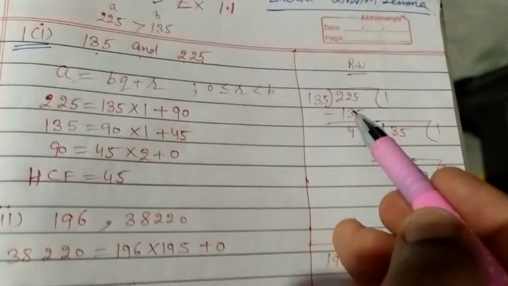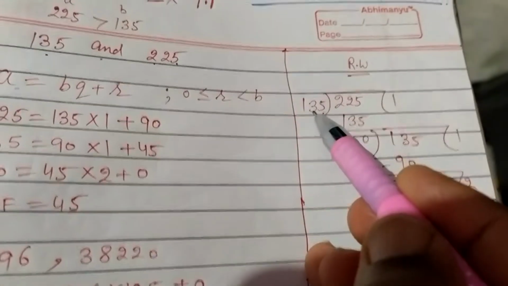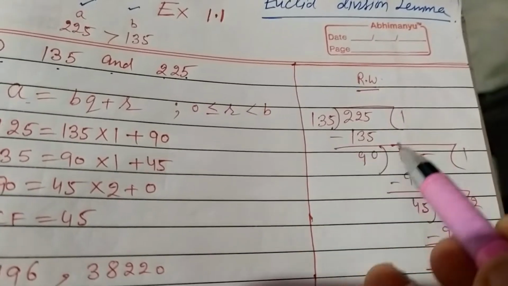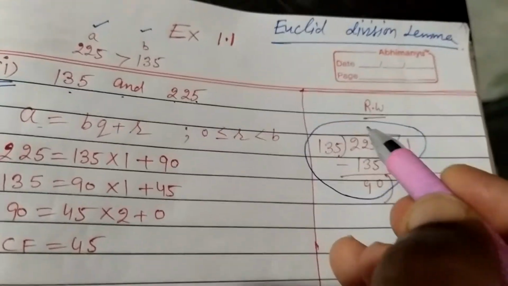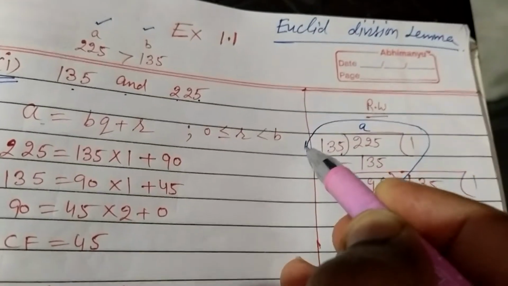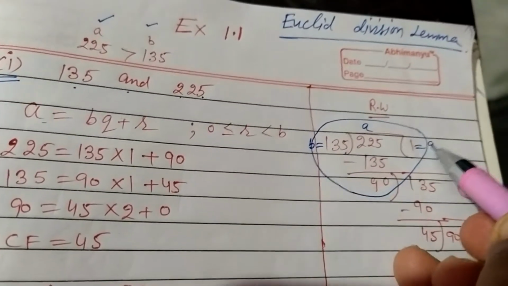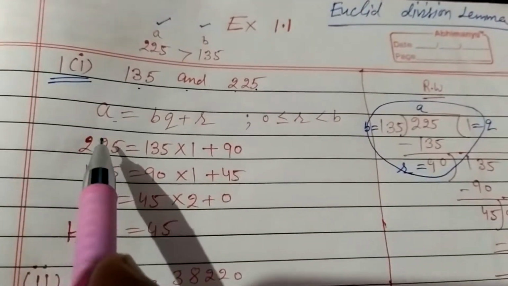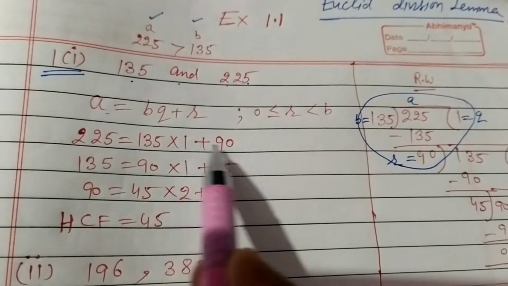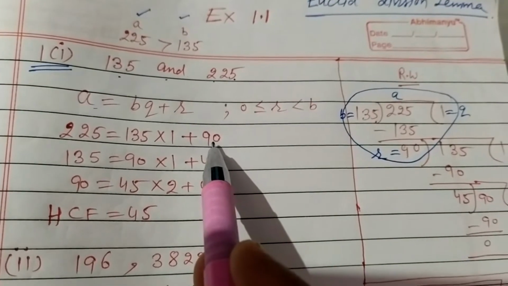Divide 225 by 135, 1 time. This is one complete step. This is a, this is b, this is the quotient, and this is the remainder. Put the values here: a, b, q and the remainder.